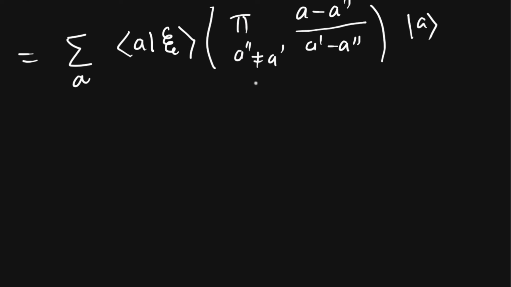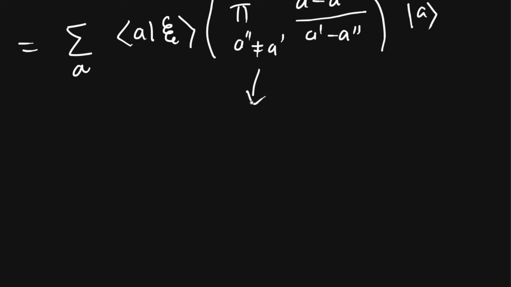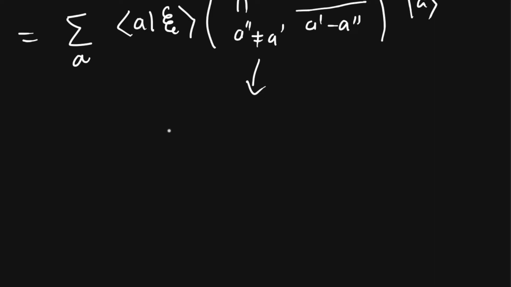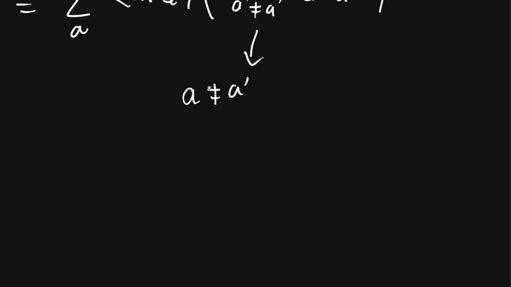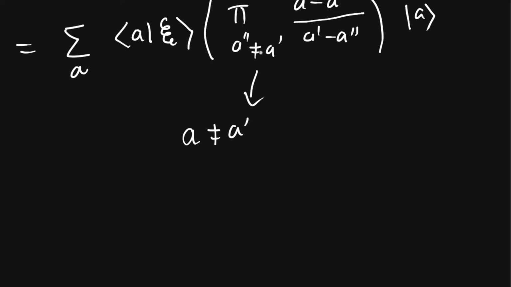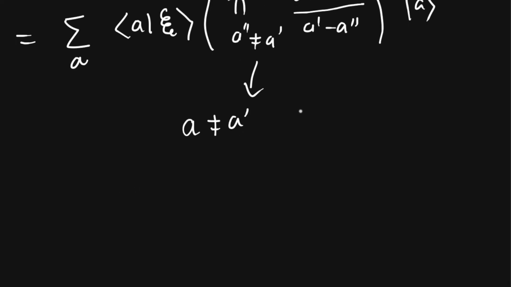Now let us look at this term closely. If a is not equal to a', then this product will become 0. Why is it 0? Because if a is not equal to a', then when we multiply over a'', at one point a'' will take the value a.